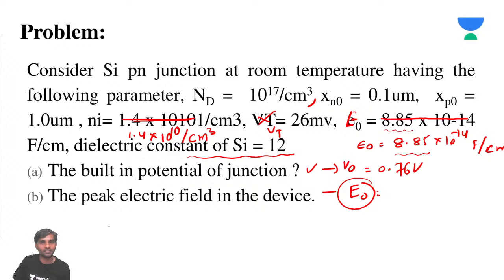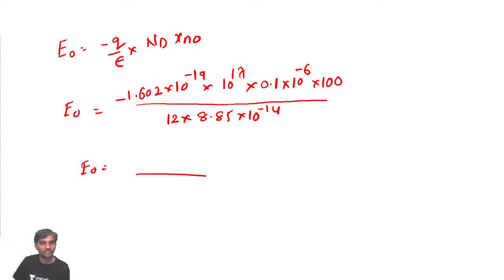That is the reason why we consider it here. This is the dielectric constant, 12. So epsilon is going to be what?